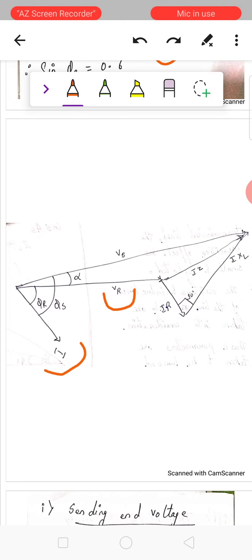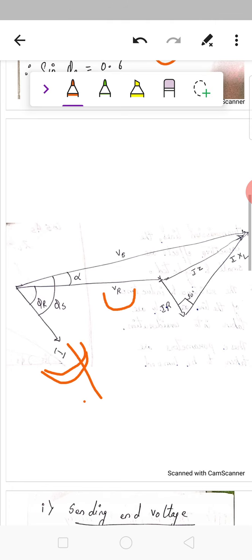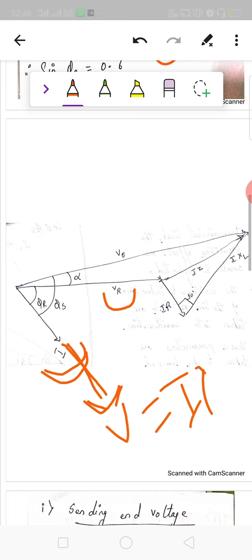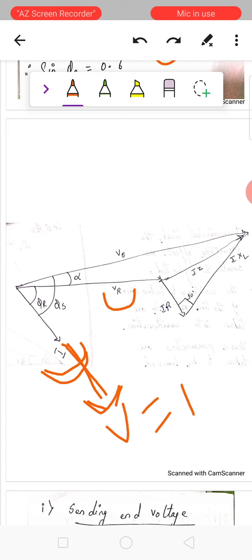IR is the voltage drop across the resistor, since the current I flows through the resistor. So from this point I'll draw it in phase with the current. This is V equal to IR, which is the drop across my resistor.